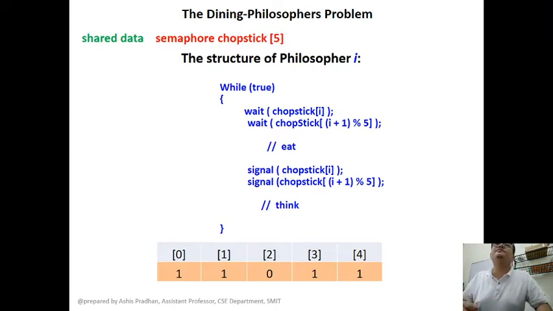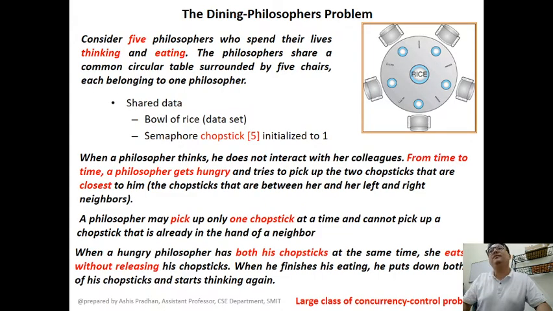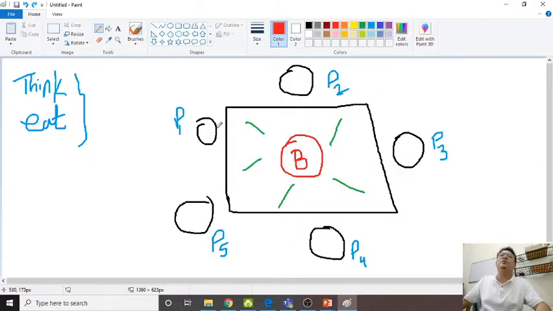Okay. So now one of the solutions to this problem, but let me first give you a scenario of the problem. So this is the definition of the problem. It may happen that, suppose at time t equals to t1, all the philosophers get hungry and have picked their left chopstick.